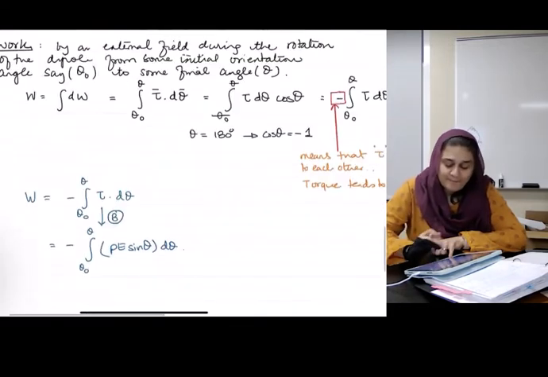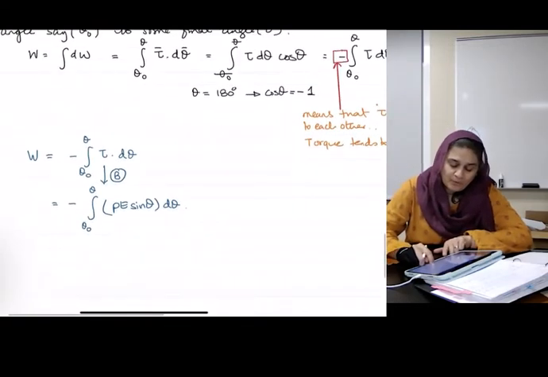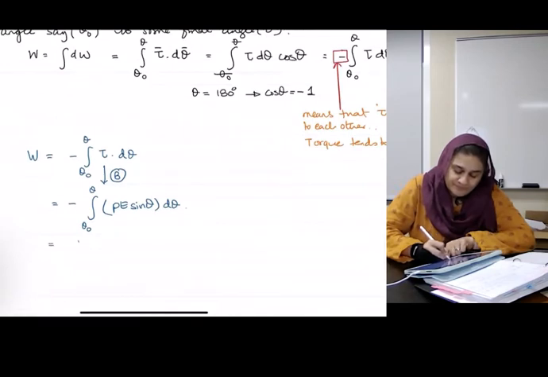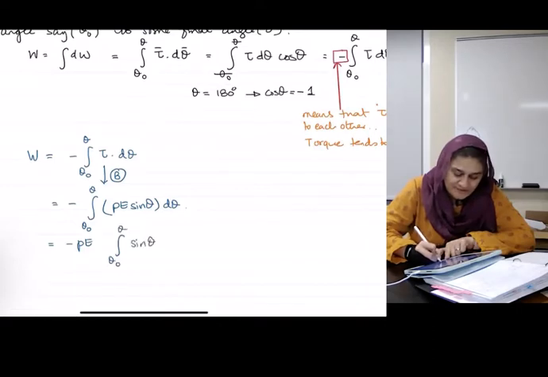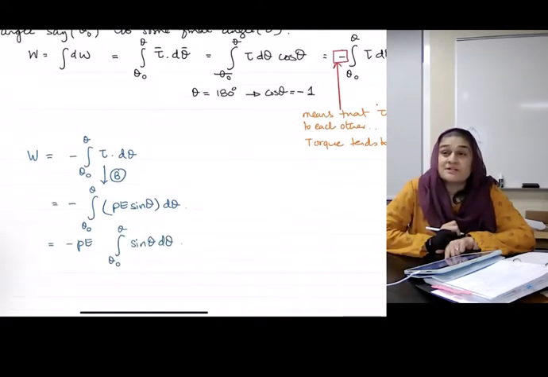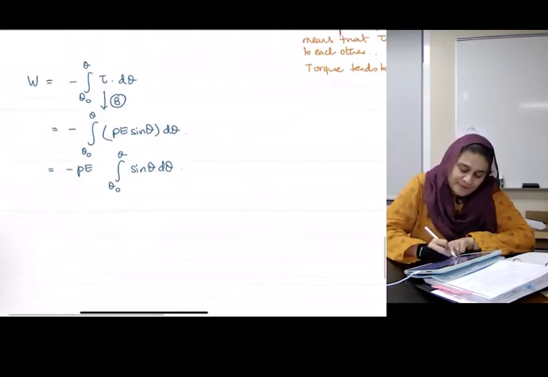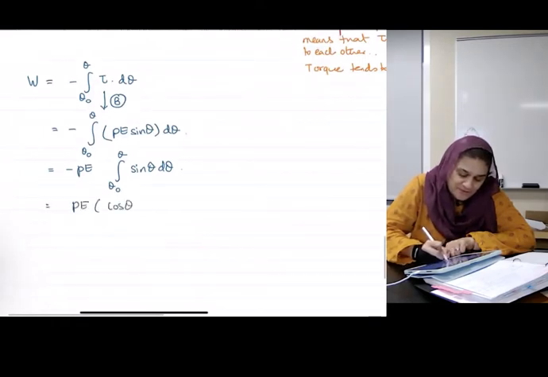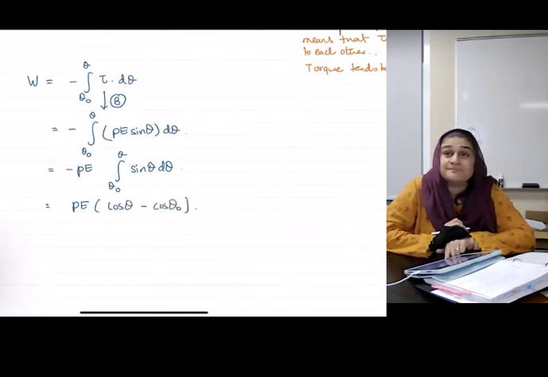PE sine theta, yep. Or PE negative integration sine theta d theta. What's the integration of sine theta? Negative cosine. So that means I can rewrite this as PE cosine theta minus cosine theta 0.